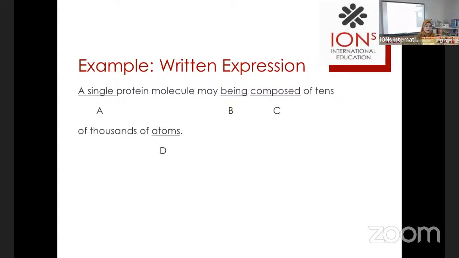Oke, kita lihat di sini. Subjeknya mana dulu? The subject is a single protein molecule, right? And then the predicate, which one is the predicate? May, good job. Yes, tadi ada modals ya kan? Modals itu salah satunya adalah may. Nah, kalau kita punya modals, modalsnya tidak bisa berdiri sendiri, tidak bisa dipakai sendirian.